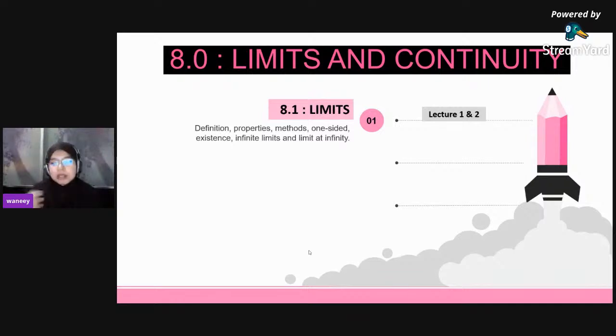So we are going to learn about what is the definition of limit, what are the properties, what are the methods to calculate the limit, what is known as the one-sided limit, how to test the existence of limit, and what do we mean by infinite limit and limit at infinity. How to calculate that actually. Okay, so that is for the first and second hour.